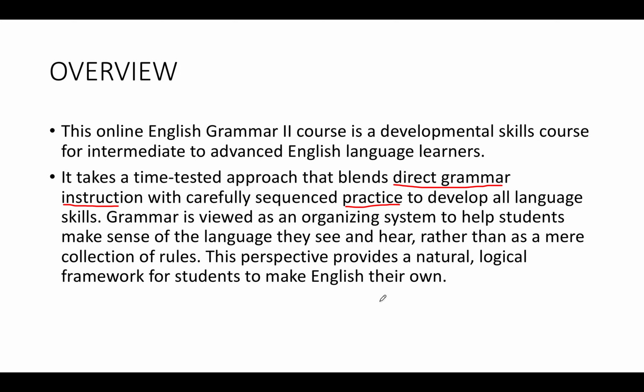This perspective provides a natural logical framework for students to make English their own, and this way it is hoped that the students will understand better the rules of English grammar, and also will master these rules and principles and use them appropriately when they are speaking English, when they are writing English.